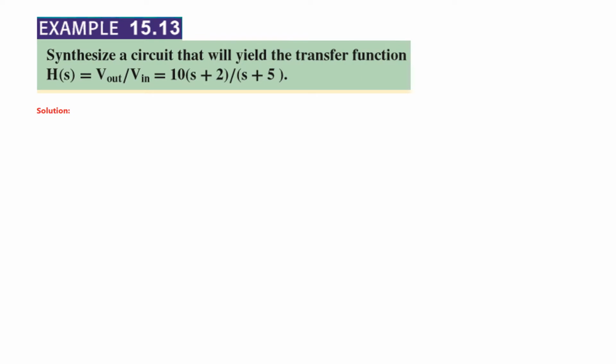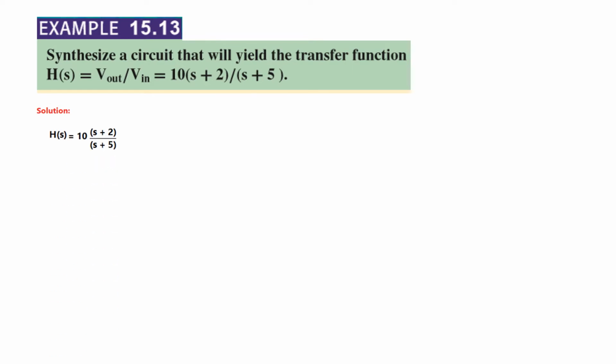So let's start to explain the question solved in the book, example 15.13. It says to synthesize a circuit, so we have to make a circuit that will yield the transfer function H(s) equal to this term given here.